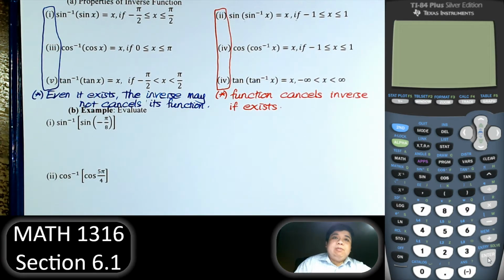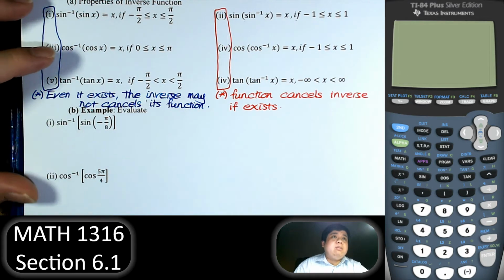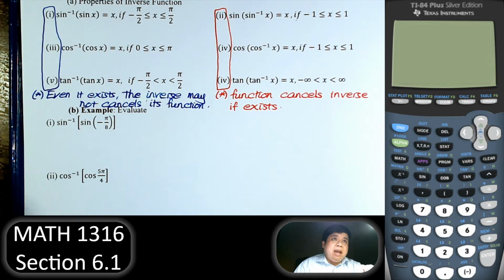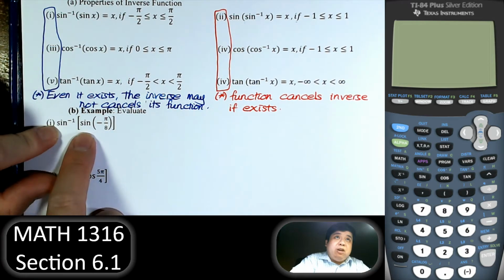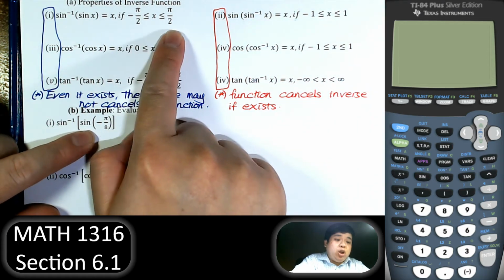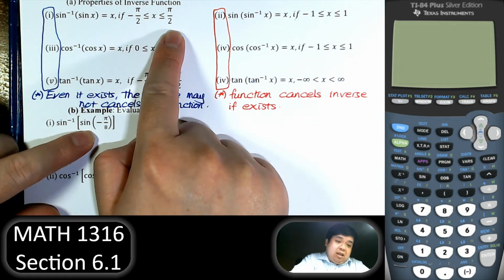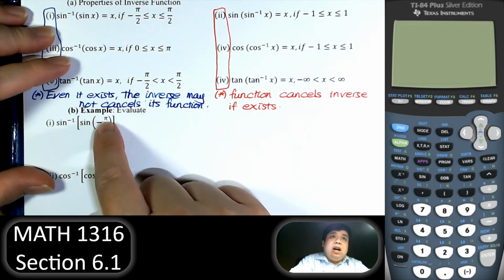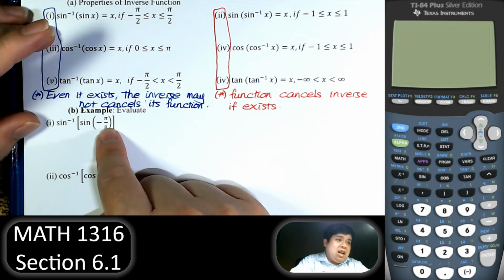So let's look at some examples. Sine inverse of sine of negative pi over 8. Now, is the negative pi over 8 between negative pi over 2 and pi over 2? The answer is yes. Negative pi over 2 is 90 degrees, and 180 divided by 8 is like 22.5.